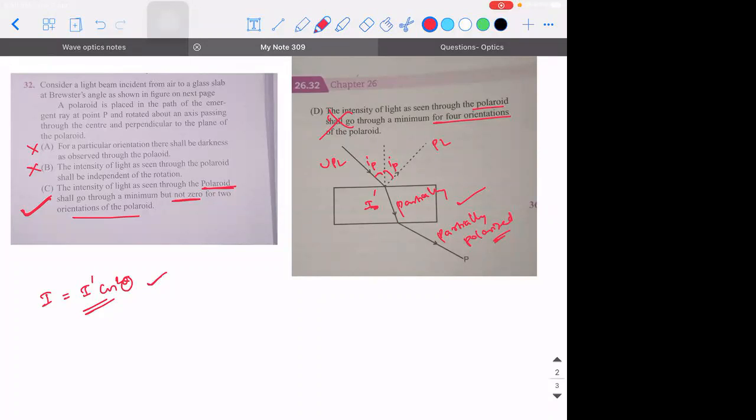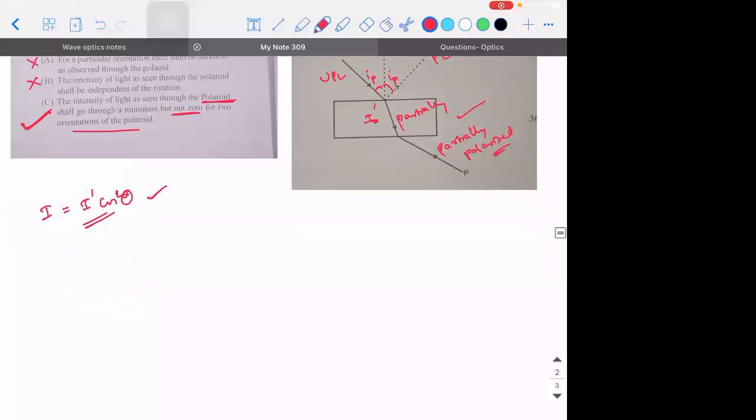Sir, the two orientations means it's the x axis and y axis, right, sir? No, not either. See, sometimes, let's say cos square theta, when you solve the problem and you get cos square theta equal to 1 by 2, then what will cos theta be? 1 by root 2. That is where we make it plus or minus 1 by root 2.